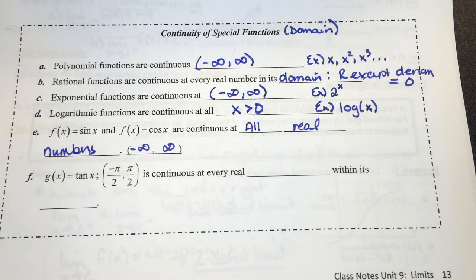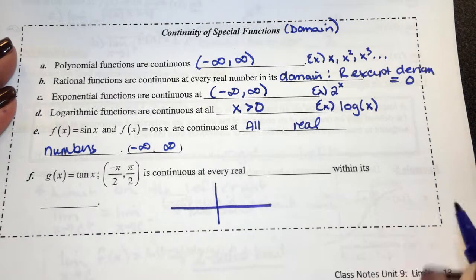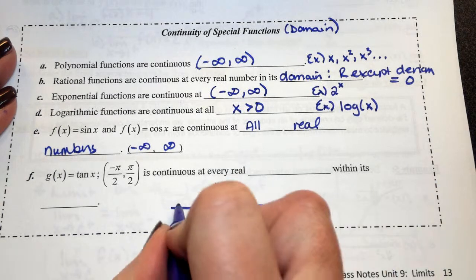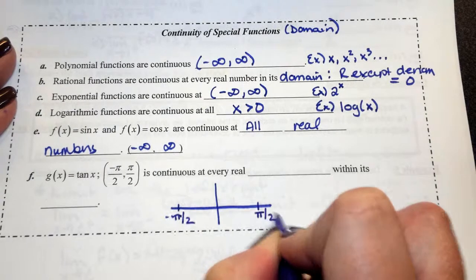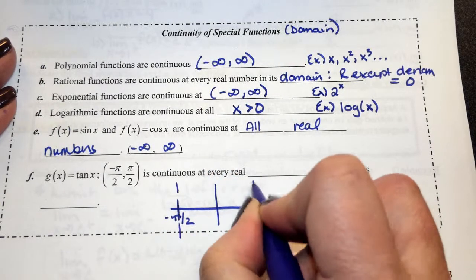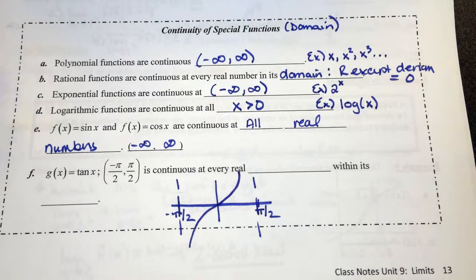When we graph tangent, however, remember, tangent of x, you did have vertical asymptotes. Remember, at tangent, we had a vertical asymptote at negative pi over 2 and positive pi over 2. Remember, that's what your tangent graph looks like.